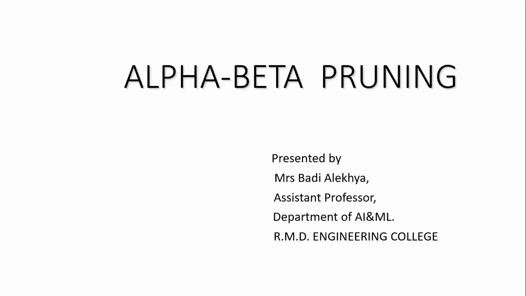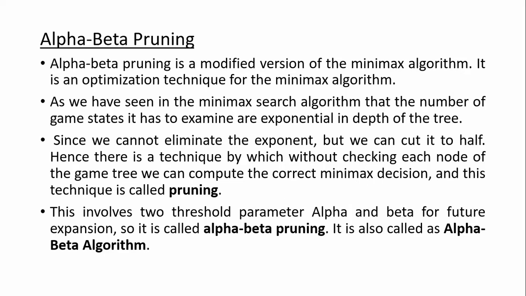So let us see. The general definition: it is the modified version of the minimax algorithm, so we also call it an optimization technique of the min-max algorithm. What is the difference, and what modification did we make to the min-max algorithm? Here we are going to eliminate the nodes which are not giving sufficient information.